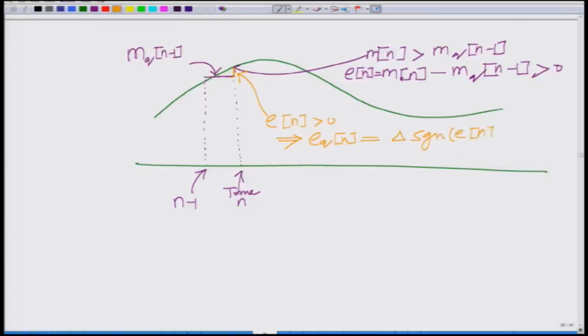Since E of n is positive, this is simply delta, so EQ of n is delta, of height delta. So MQ of n minus 1 plus EQ of n gives the reconstruction, which will be your MQ of n.